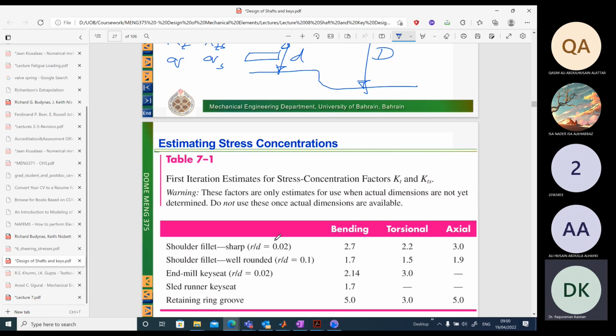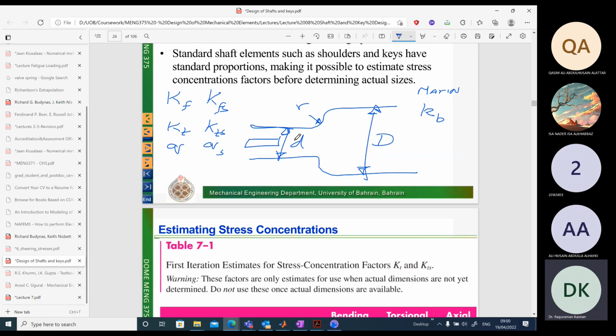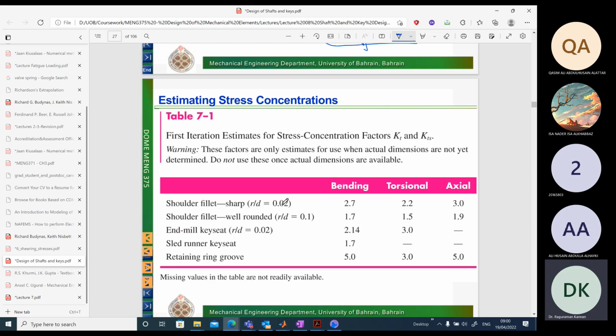If the ratio R over d is equal to 0.02 or lesser, then you will use these stress concentration factors for the static case. Kt and Kts values, you will use these values. If it is well rounded, maybe R over d equal to 0.1 or greater, then you will use these standard values to start with.